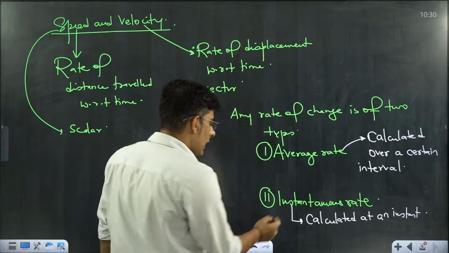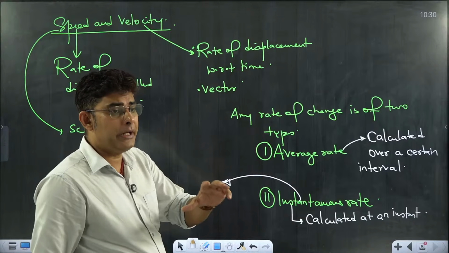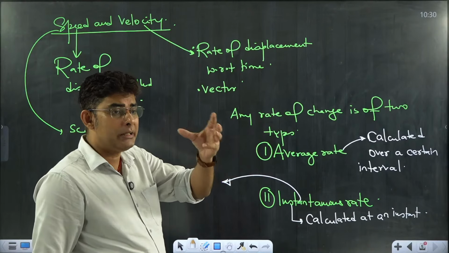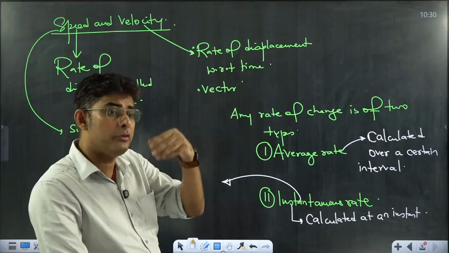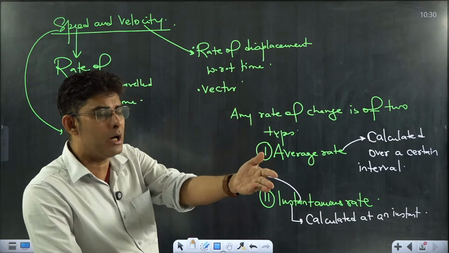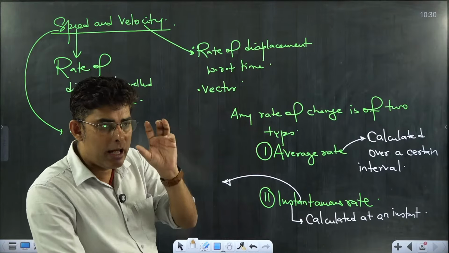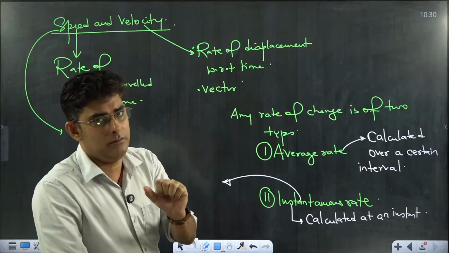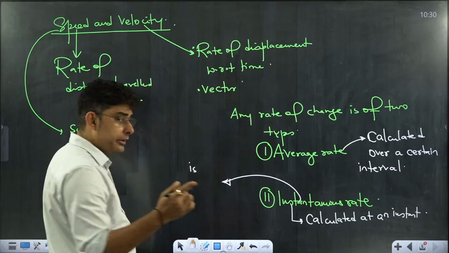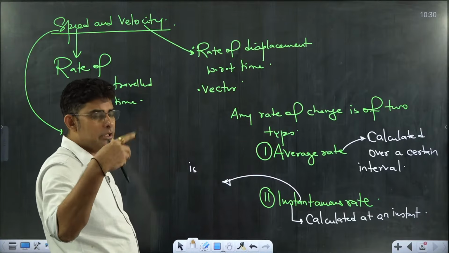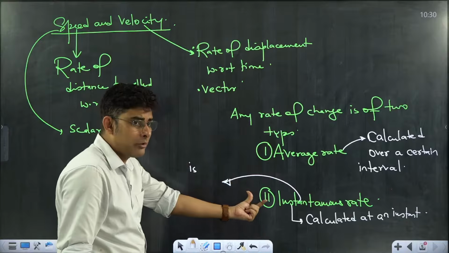Now, the formula for instantaneous is obtained by a method called differentiation, which is a part of mathematics which you will be studying in the days to come, called calculus. In calculus, we have a concept of differentiation. So this instantaneous rate, presently we cannot do, because you have not studied differentiation yet. When you study differentiation, you will know the method of calculating this.